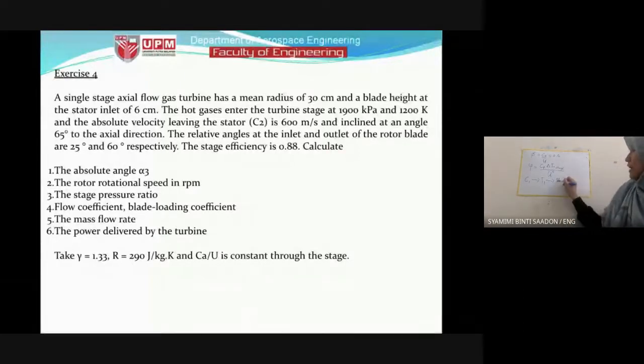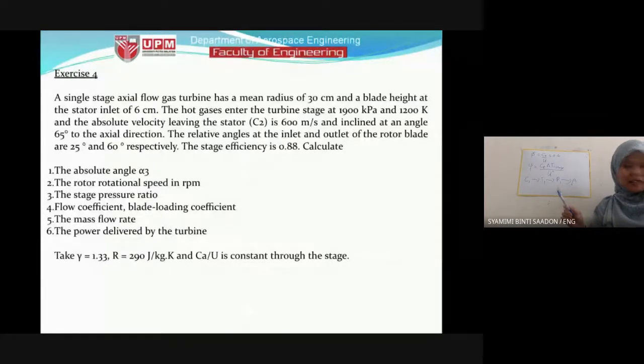And then P1 by using the ideal gas equation relating to T1. This is the static temperature, don't use the total temperature. So you have to change the total temperature that you have, 1200, to the static temperature. And then pressure by using the isentropic equation, and then the ideal gas equation to get the density, P over rho equals RT.